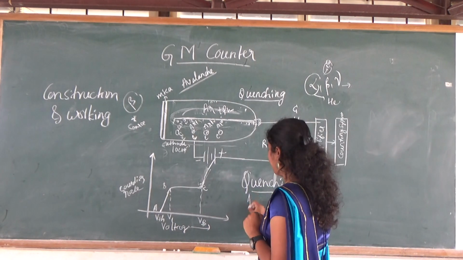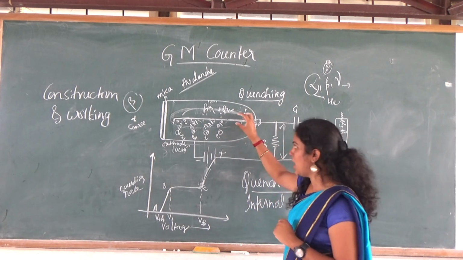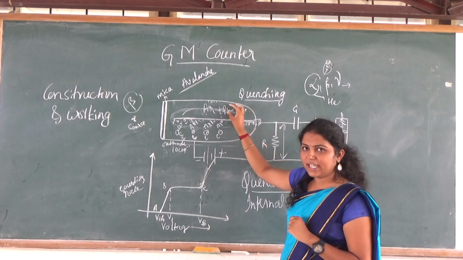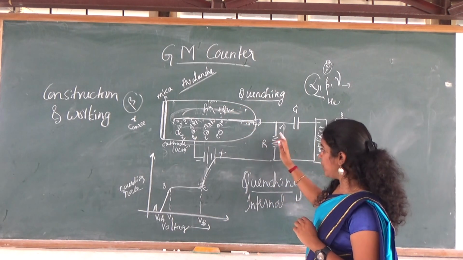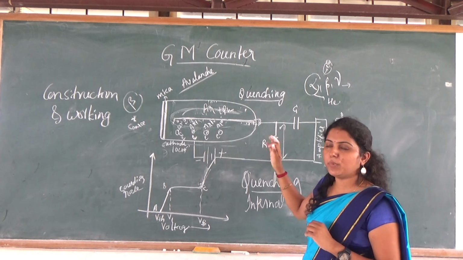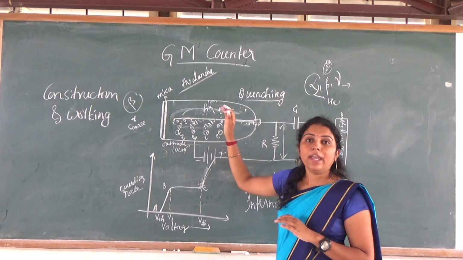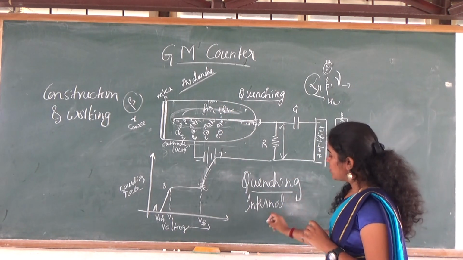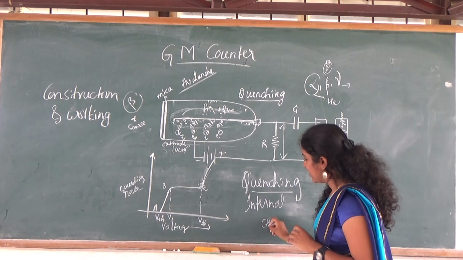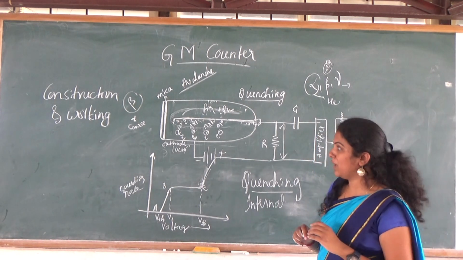Internal quenching means we use some amount of quenching agent like ethyl alcohol inside the tube. External quenching is nothing but using a high resistance at the output to control the count, but that is a different matter. Here we are using internal quenching, so we are using ethyl alcohol as the quenching agent.